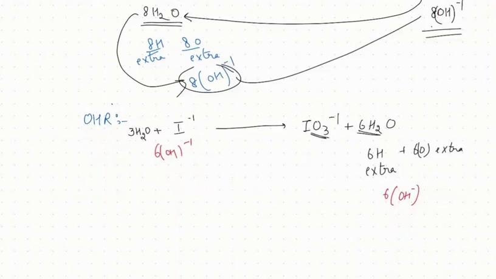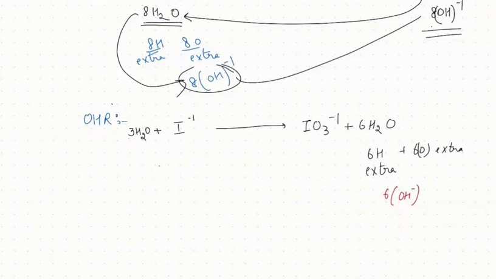Then what is going to happen? Because we have added extra H, to balance that 6H, I'm going to add 6H2O.